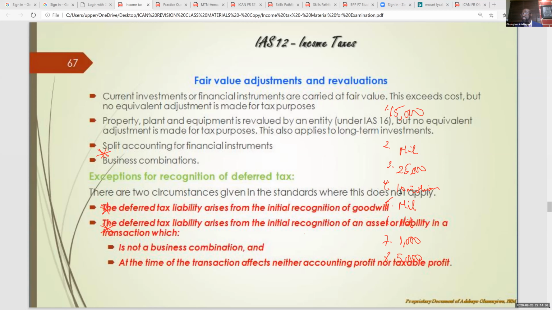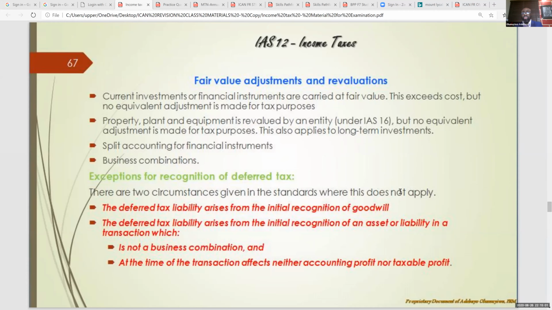There are 2 circumstances in which IAS 12 does not apply, which means you cannot recognize deferred tax assets or liabilities. The first instance is on initial recognition of goodwill, where you cannot recognize deferred tax liability.